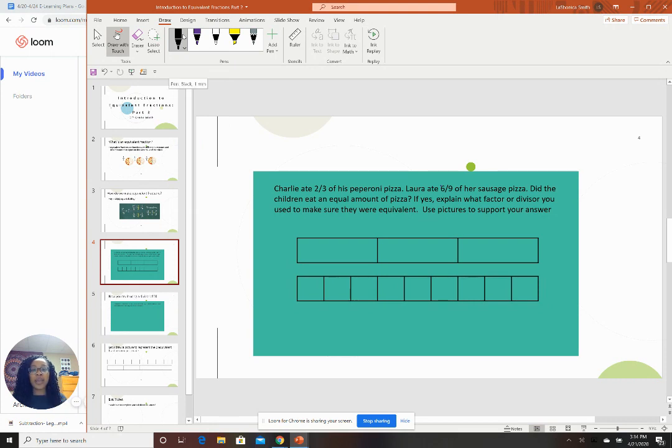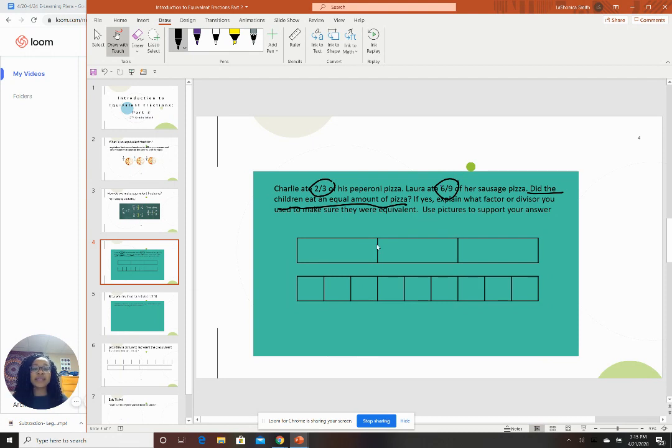We know that Charlie ate 2/3 of his pizza. Important. Laura ate 6/9 of her sausage pizza. Also important. And we're trying to figure out if the children ate an equal amount of pizza.